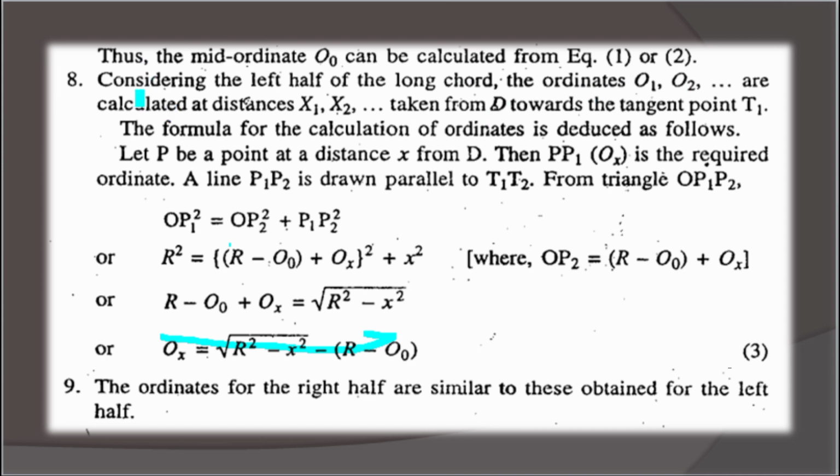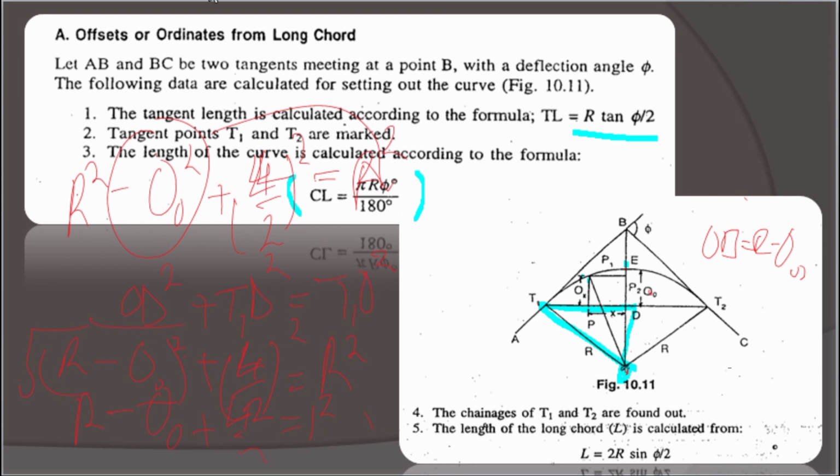So that was done. Then considering the left half of the long chord, the ordinates 1 and 2 are calculated at distances x1 and x2, which are taken from D onwards to the tangent point T1. Then the formula for calculation of the ordinates is decided as follows. So let P be points at the distance x from D. Here we have our P's.